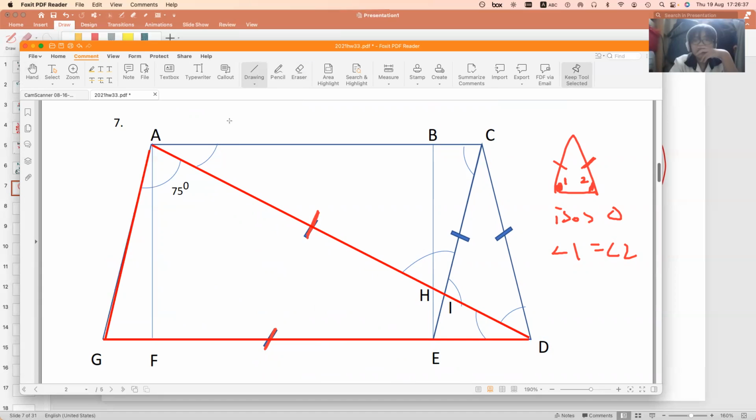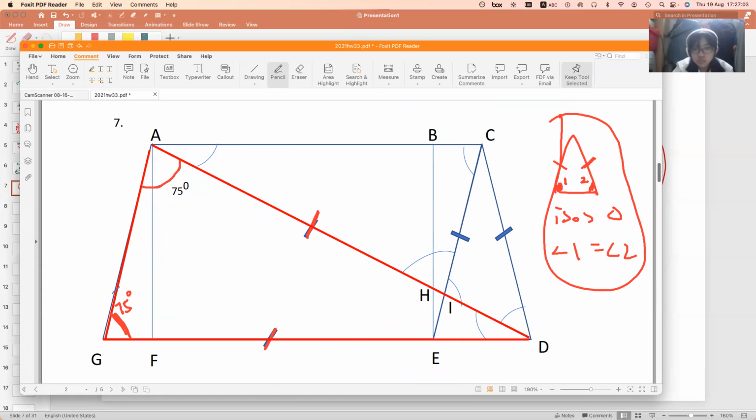So once you have this, you have this angle 75. Can you make use of this? So what is this angle? 75. Why? Because angle 1 and angle 2 are equal. Correct. So this one is 75.